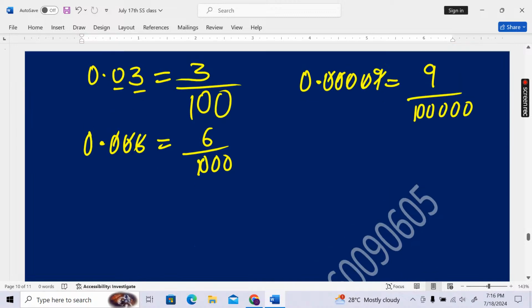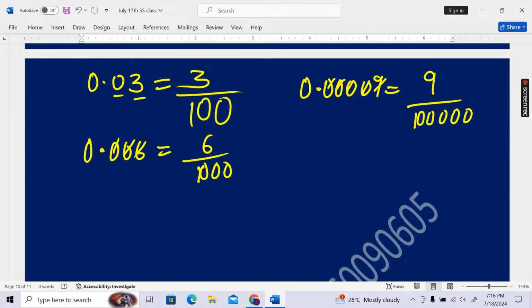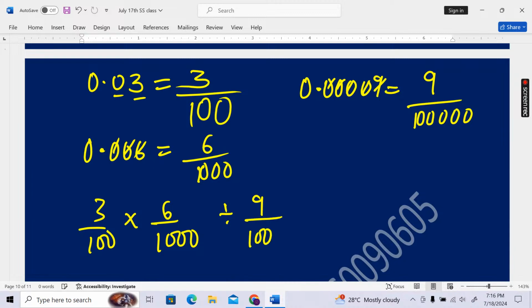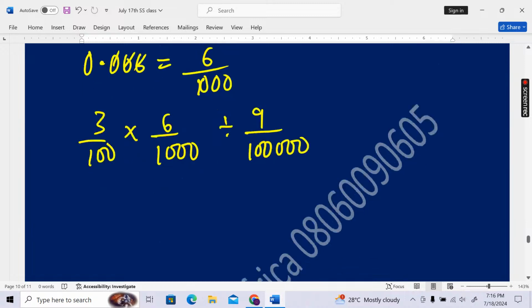Now it will be easy for us to multiply and divide. So that will be 3 over 100 times 6 over 1000 divided by 9 over 100,000. So don't forget that when dealing with fraction, you can change your division sign to multiplication.